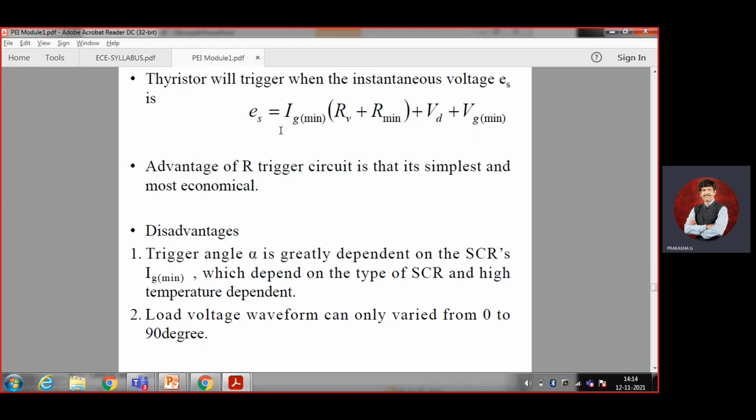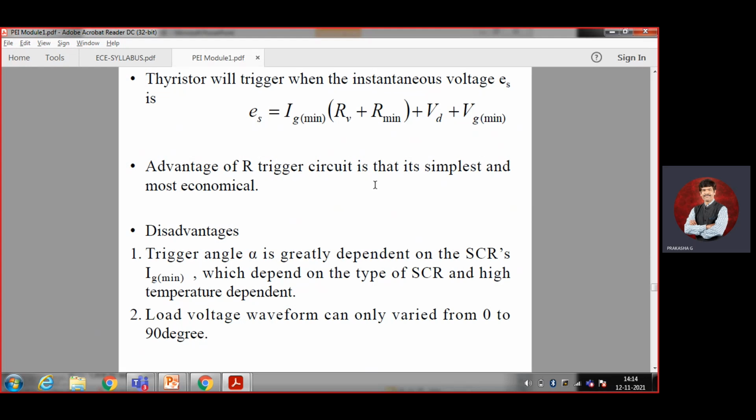It gets triggered with IG minimum times RB plus R minimum, plus VD, that is the diode voltage, and VG minimum. VD means the diode voltage. Whichever diode is connected there for forward bias operation, there is some voltage drop across the diode. That should also be known. It may be 0.3 volts or 0.7 volts, depending on whether the diode is germanium or silicon. So you should calculate that value.